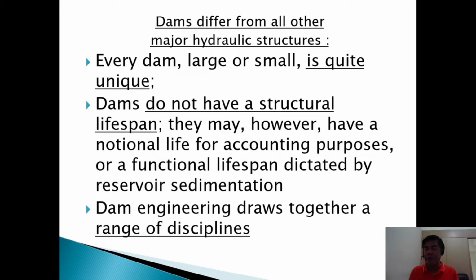In every dam, whether it is large or small, concrete or made of earth materials, it is always quite unique. You cannot just say that since you are creating a new dam with almost the same structure specifications, you can copy-paste the design to that area.